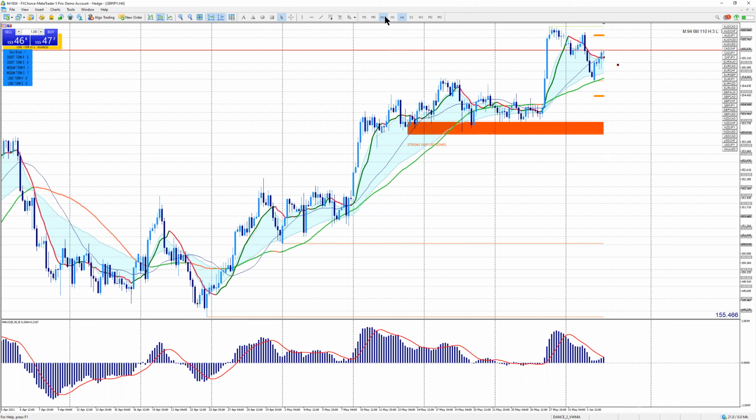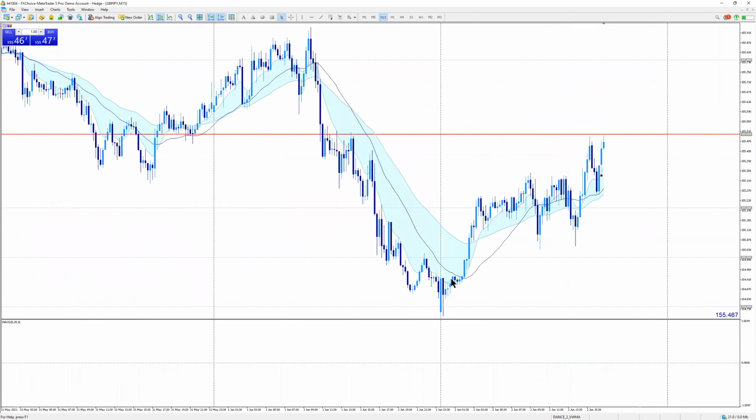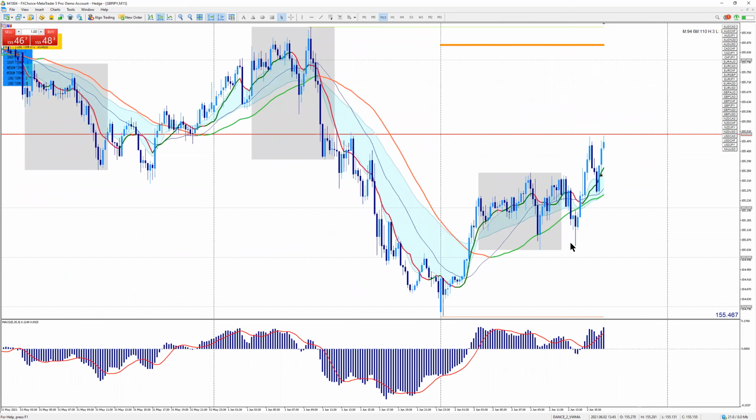Where's my Asian session at? The Asian session ended on this dip here. Oh, it ended up, the Asian session ended near the high. So what are they saying? 5 o'clock in the morning.